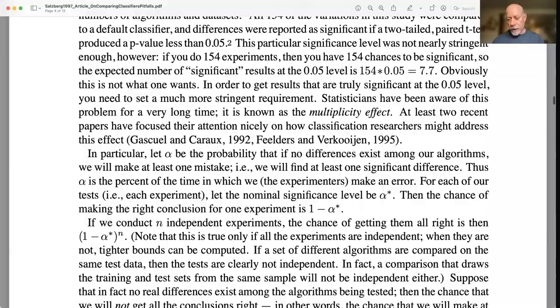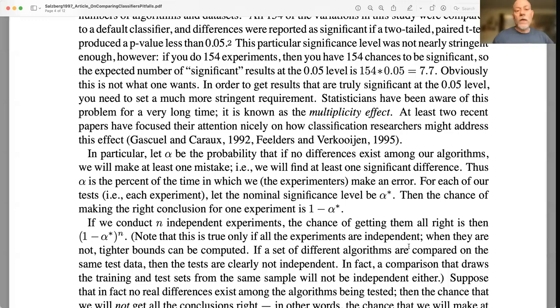Okay, so at this point, the paper goes into an explanation of the math behind the multiple comparison problem in more depth than the example that I gave above of the 154 different comparisons that just by chance alone would yield about 7.7 significant outputs. You probably already know how the mathematical argument here goes. He states it very nicely in about 3-4 paragraphs.